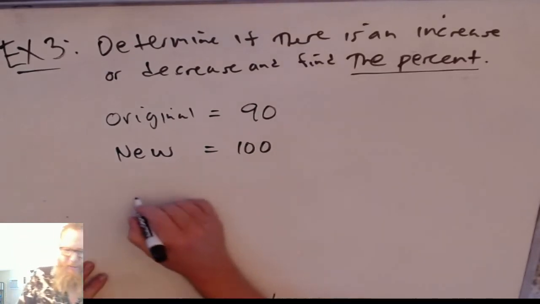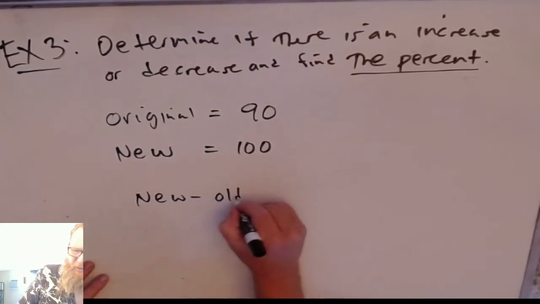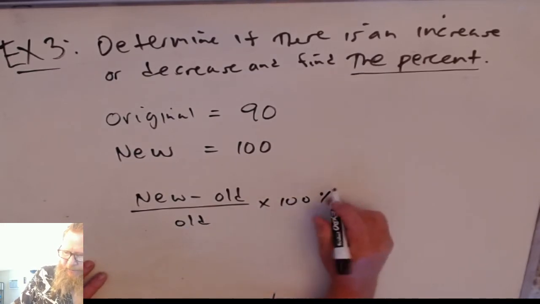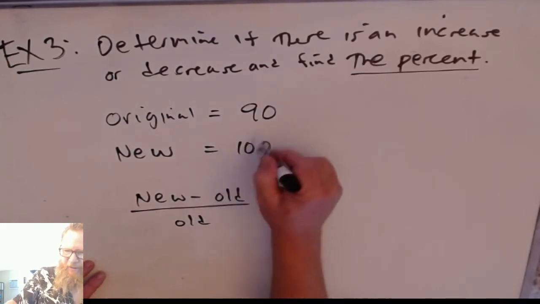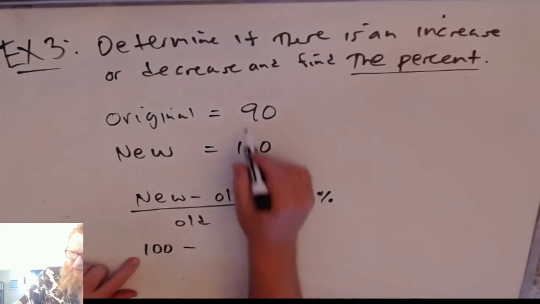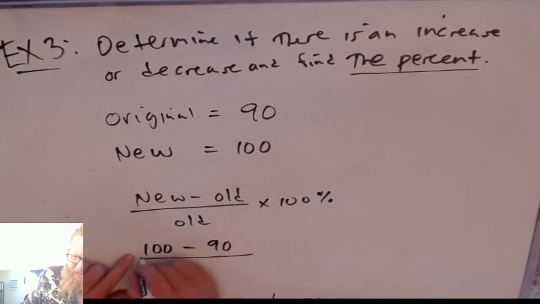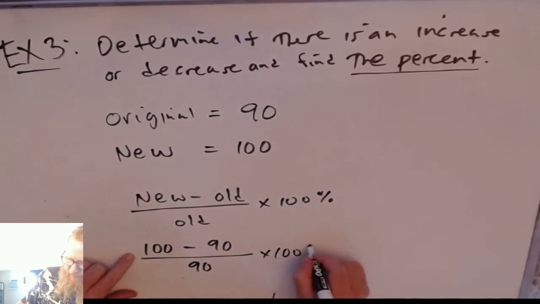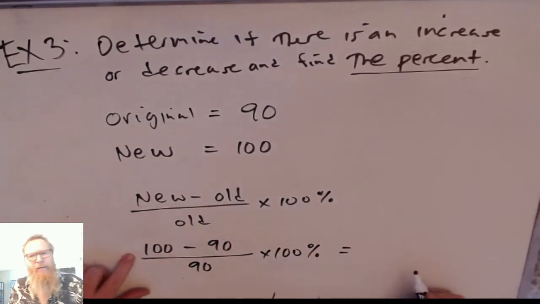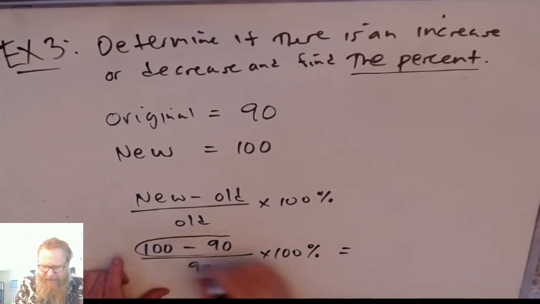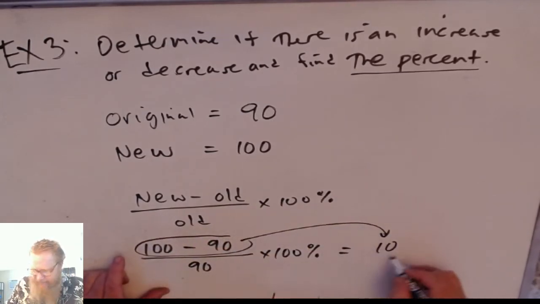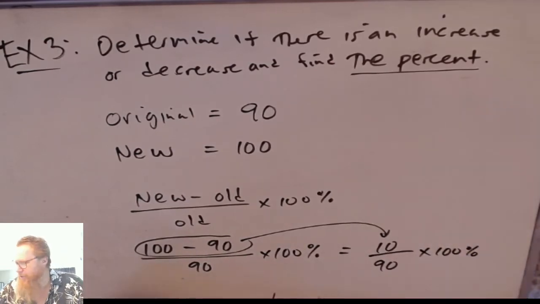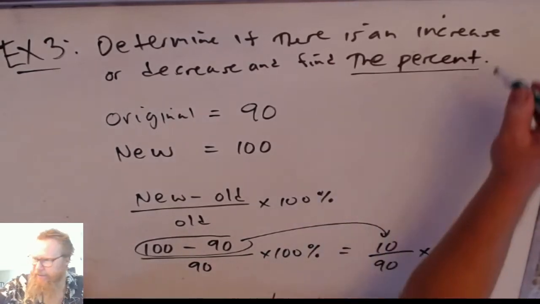All right, so you've got new minus old over old times 100%. The new is 100 minus the old is 90, over the old, which is 90. 100 minus 90 is 10 over 90. So you know that this is an increase.